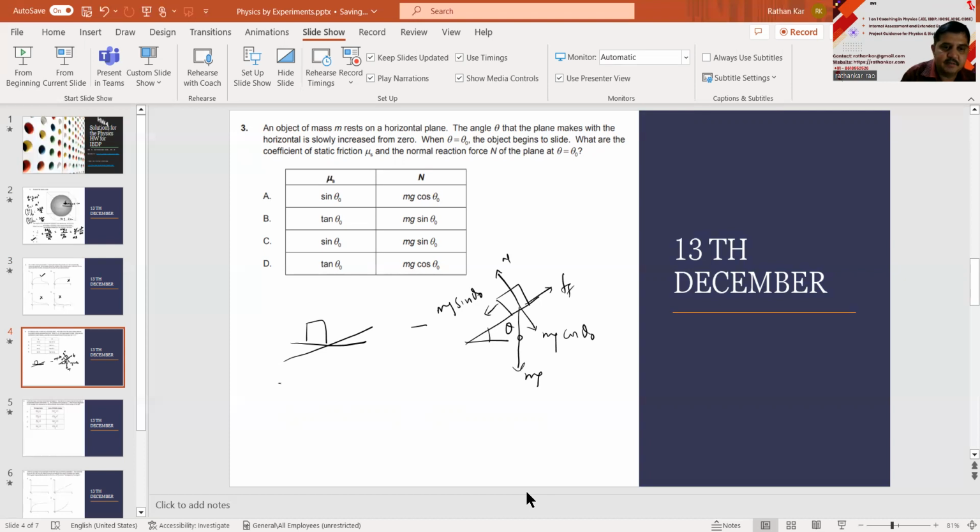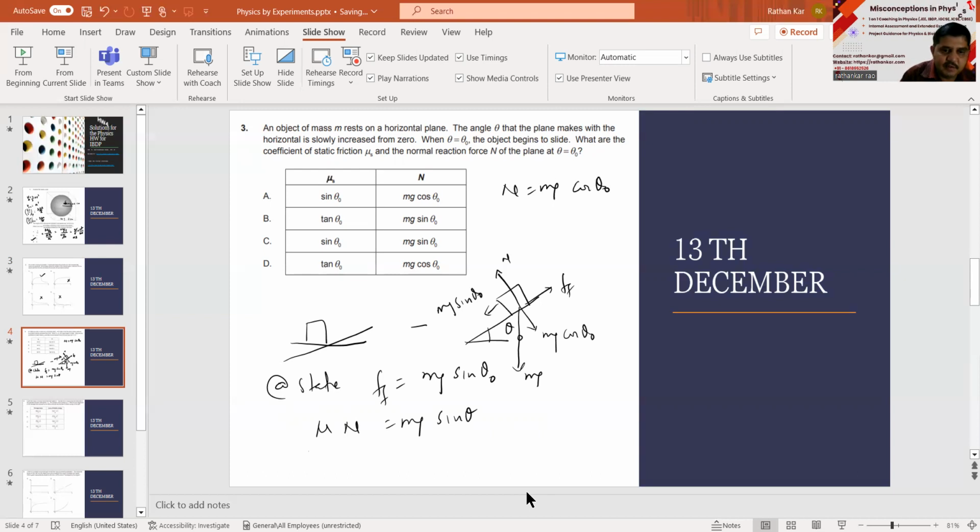At static friction, the frictional force will be equal to mg sin theta 0. Now, what is frictional force? Frictional force is nothing but mu times N, which should be equal to mg sin theta 0. N, as you see from here, is equal to mg cos theta 0.